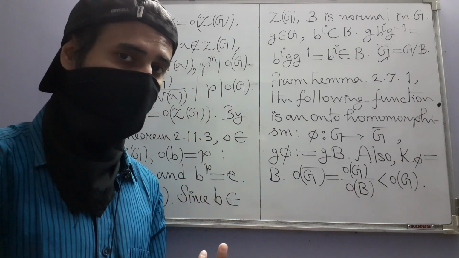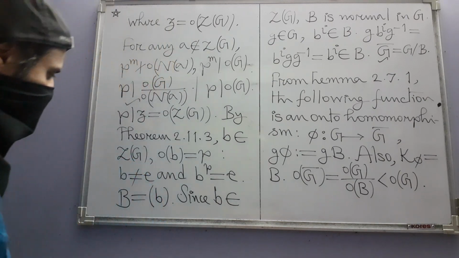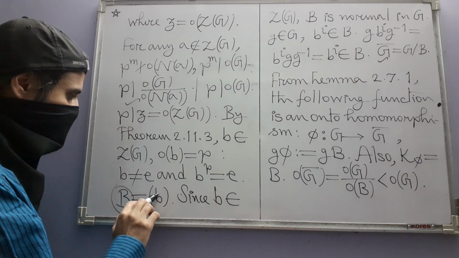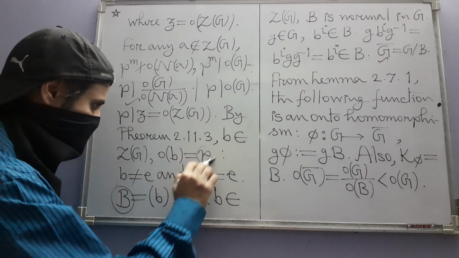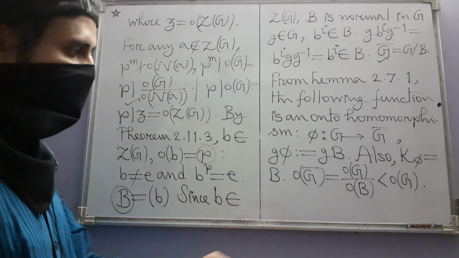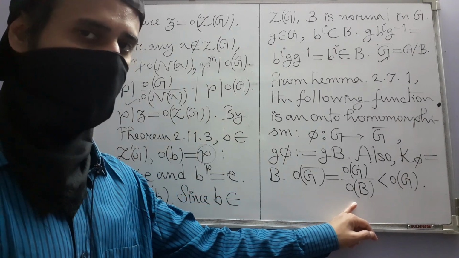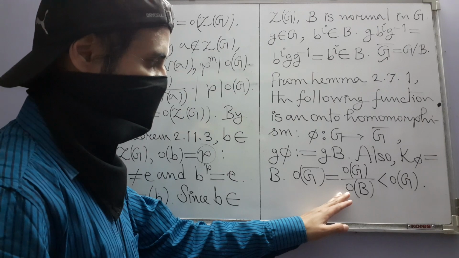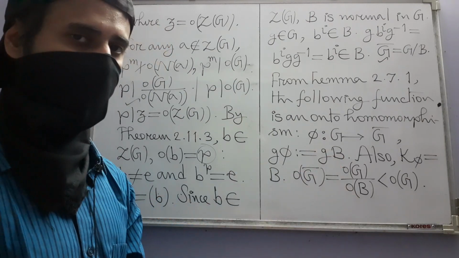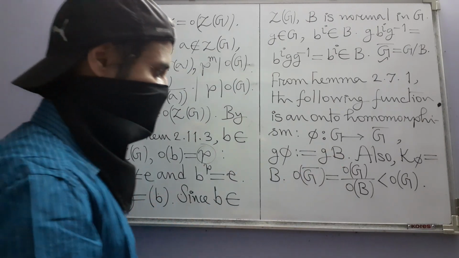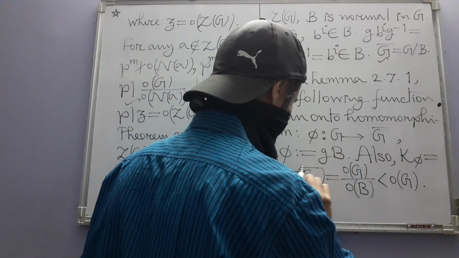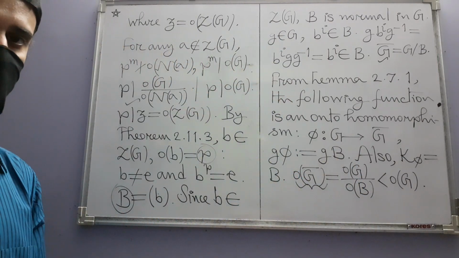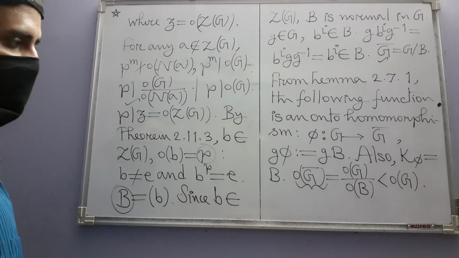Is it? Yes. Why? Because B is a cyclic subgroup generated by an element whose order is p. So actually it's not just greater than 1, it's equal to p, but greater than 1 nonetheless. So that's why it will reduce the order of G. So you see, now we have got a group with a smaller order than the order of G.